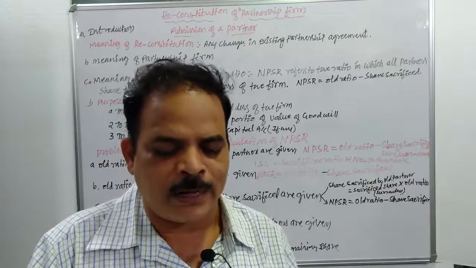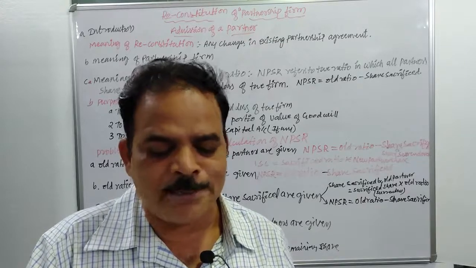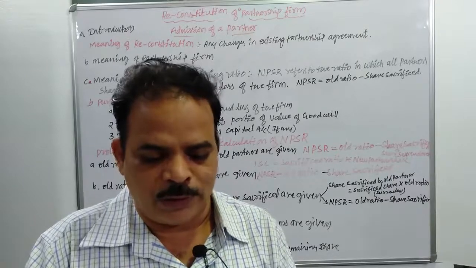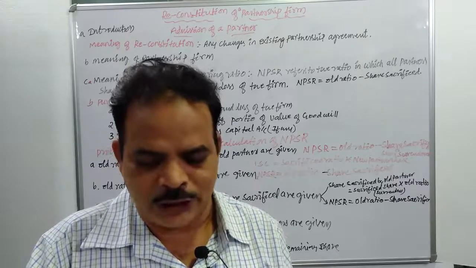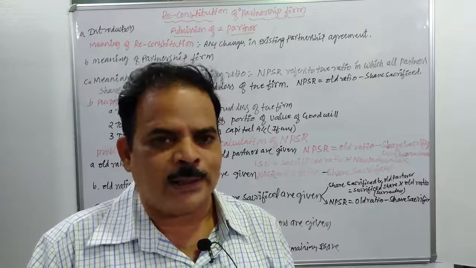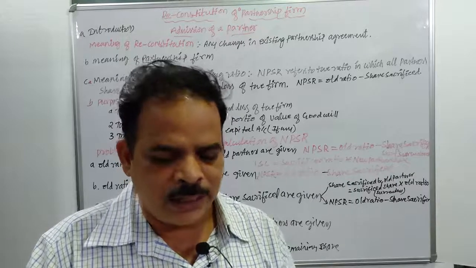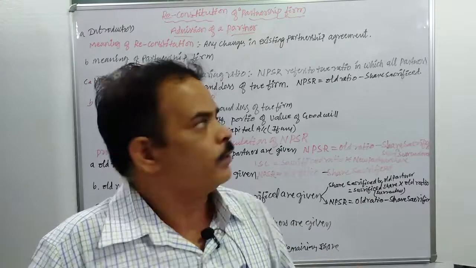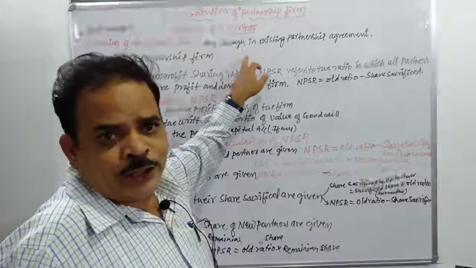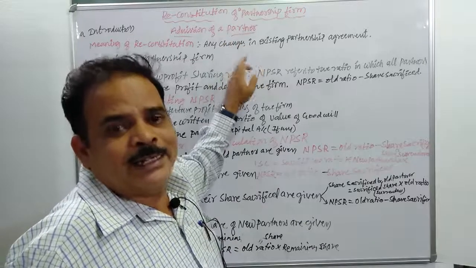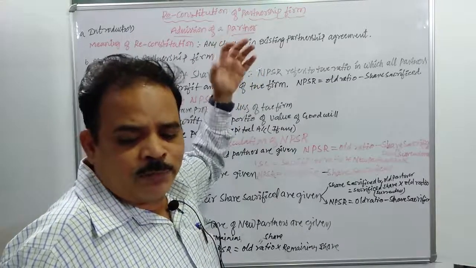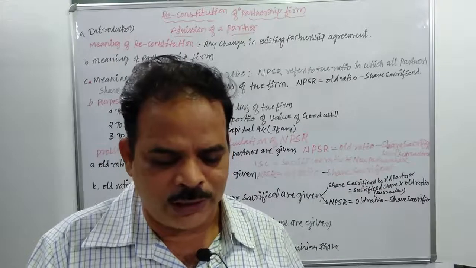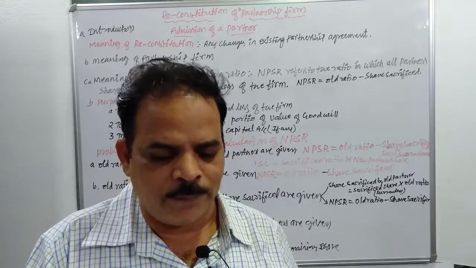And retirement of an existing partner: even if a person retires, we do reconstitution of the partnership firm, because the agreement will change. Death of a partner: when a partner dies, we also change the agreement, and then reconstitution happens. We already told you that reconstitution is used only on admission, retirement and death, and also when you change the profit sharing ratio. These are the four circumstances for reconstitution of a partnership firm.